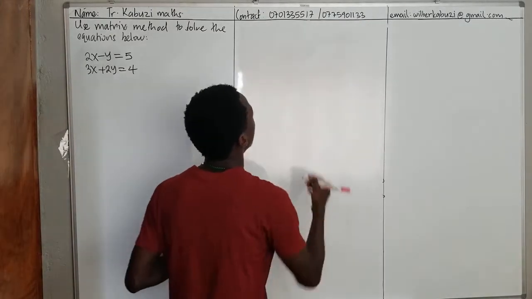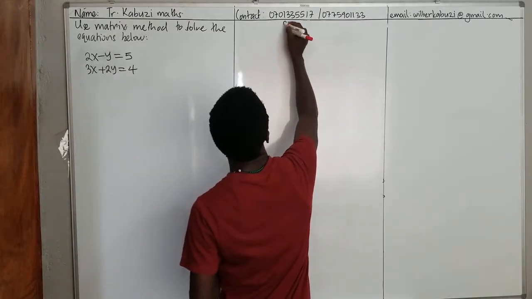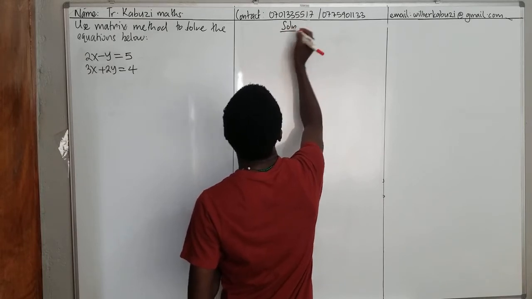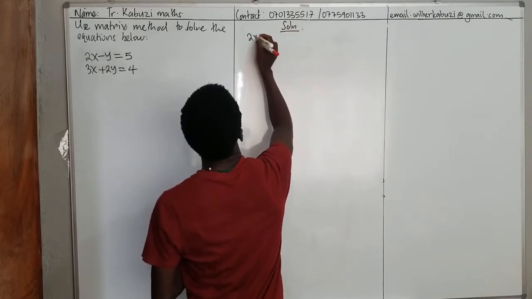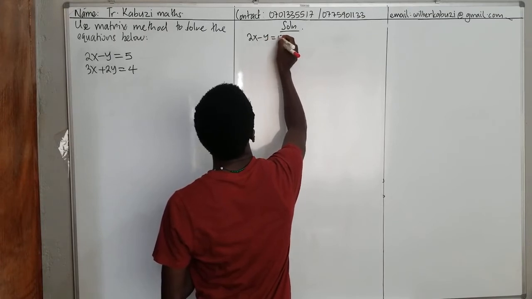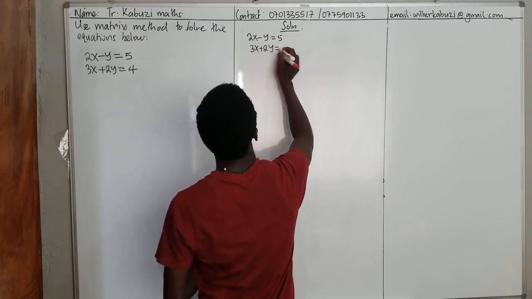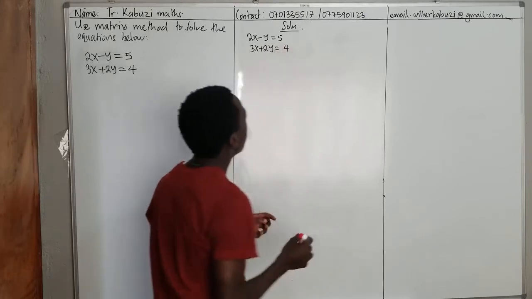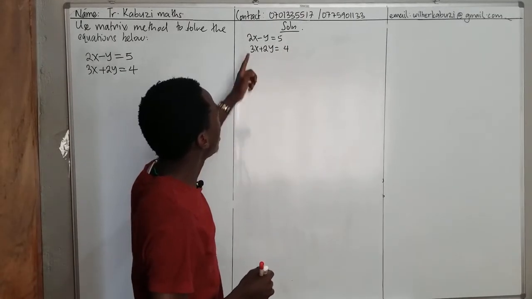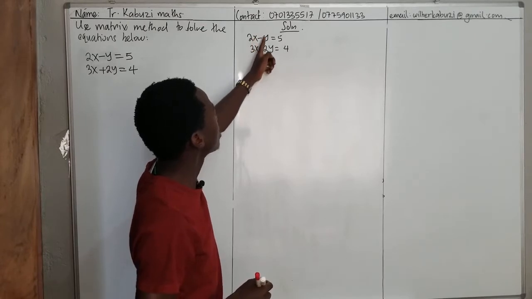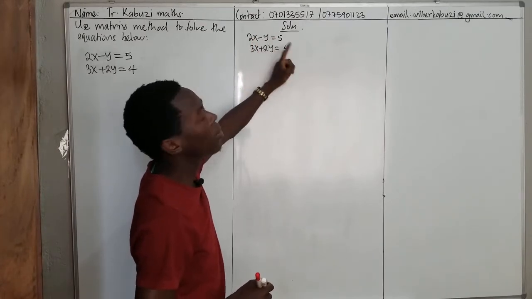So in my solution here, the equations are 2x minus y equaling 5, and then 3x plus 2y equals 4. So start by picking out coefficients in the order. This should be x, then y, then these are what we call the solutions.